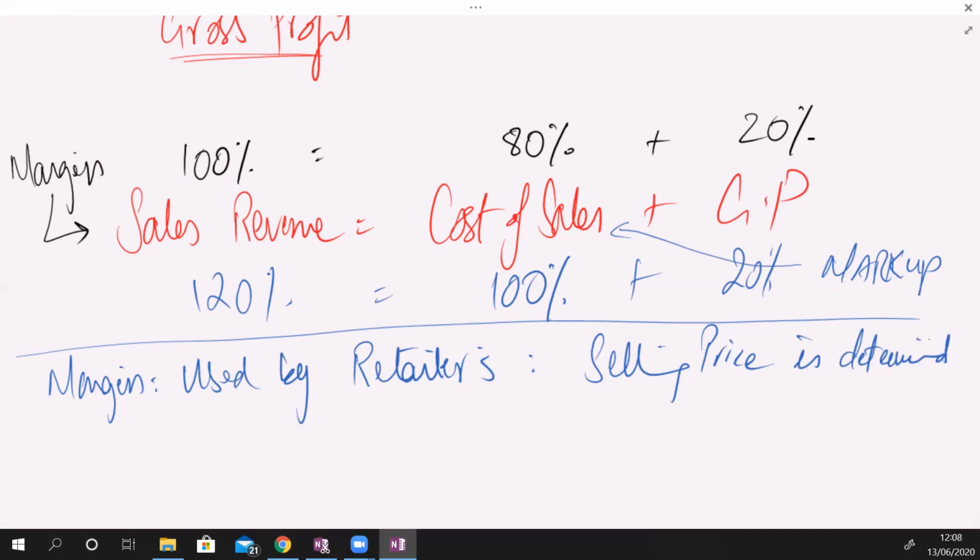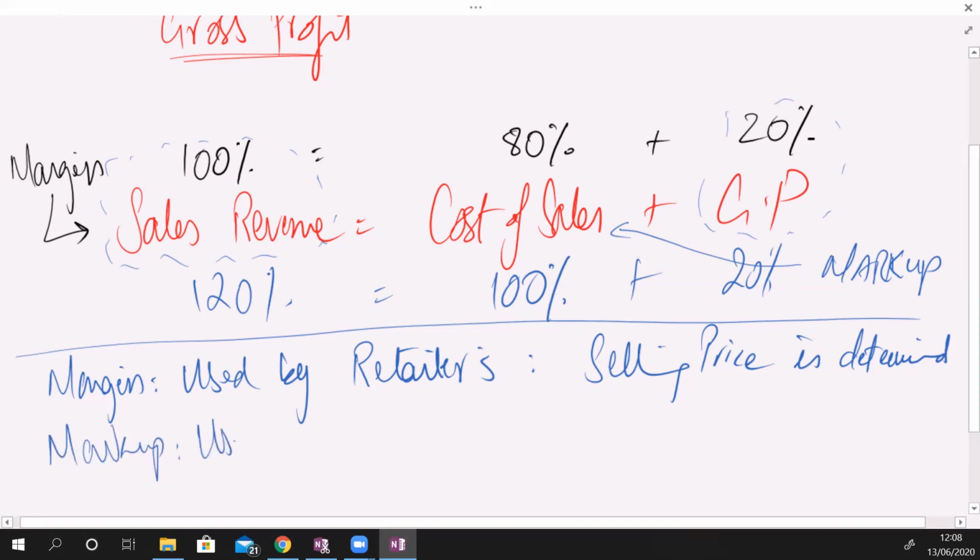So if the selling price is already determined, Imtiaz is going to ask, okay, what is my margin in this? Since the selling price is already determined, Imtiaz is going to ask for their own profit commission or their own margin in it. Whereas Nestle company, when they are producing those milk packs, they would be using markup. How?